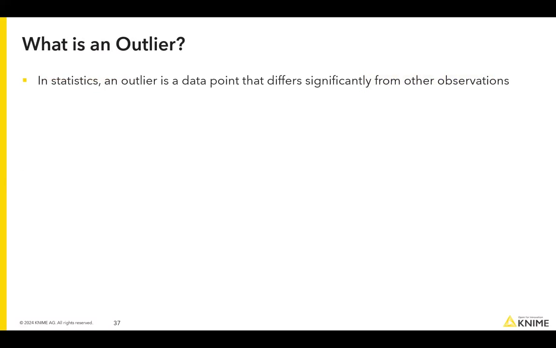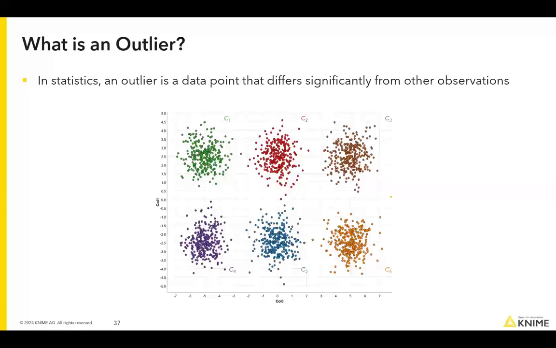Outlier is, as I already mentioned, a data point that is significantly different from the majority of the observations. In our case, this would be a contract that has a significantly different contract value from other contracts. On this picture, for example, you can see we have 6 groups of data that are kind of clustered, and we have this one that kind of doesn't belong to any of them, so this could be considered an outlier data point.